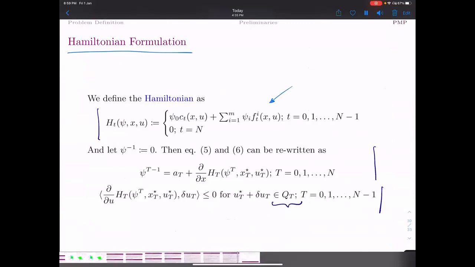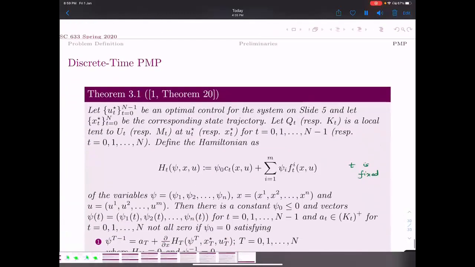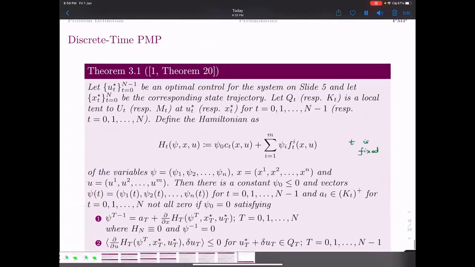Now, this will become a sort of a maximization constraint if you're talking of the control coming from convex sets, and then you massage this Hamiltonian into getting your final discrete time Pontryagin maximum principle, and this is what it is.